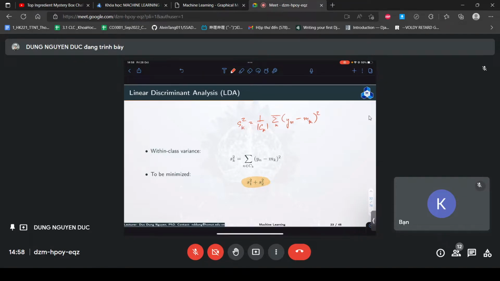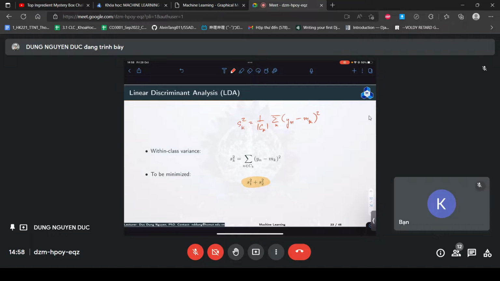This is like the variance, but it has been normalized because you take the average. But what you see in this formula is not the average, it's just the total variance. And if you rely on this, you have to be aware of the bias. See what I'm saying?